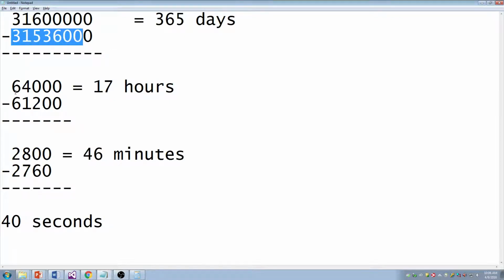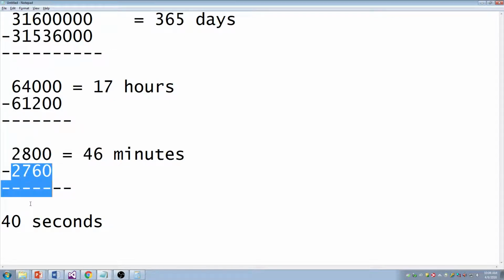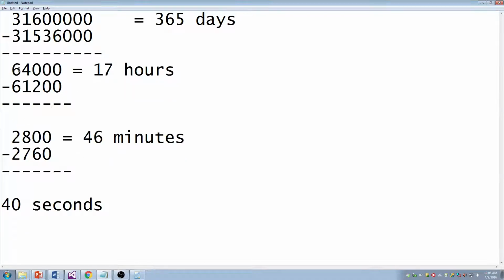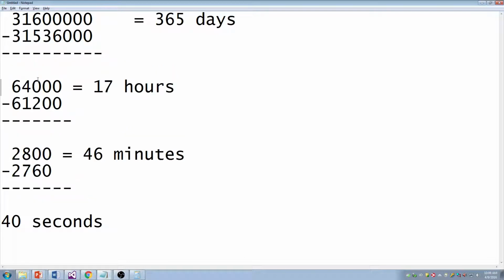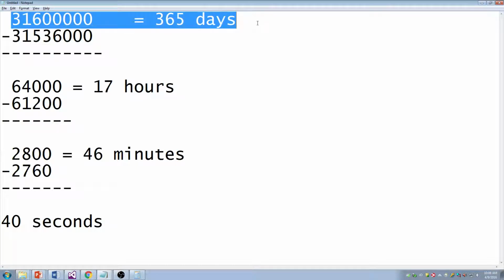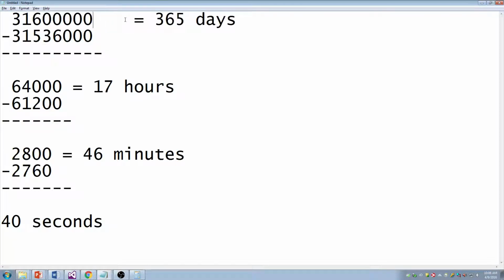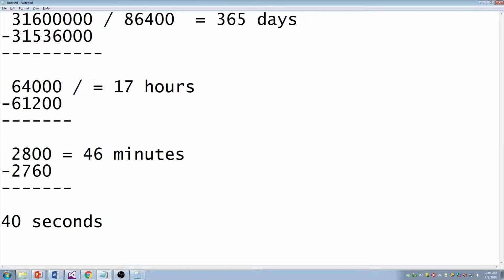So we are able to take each of these operations and take the result of that operation here and use that in the next calculation. So we're going to mimic this step by step. We already did this part here. We know that it's that because it's 31,600,000 divided by 86,400. And this is divided by 3,600.